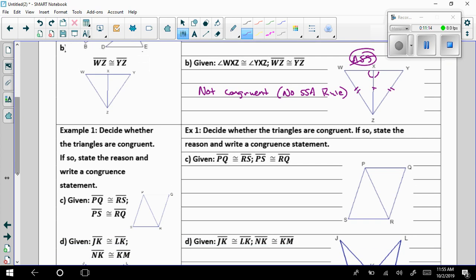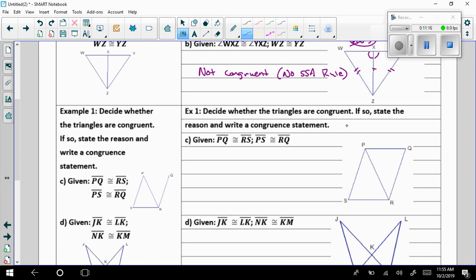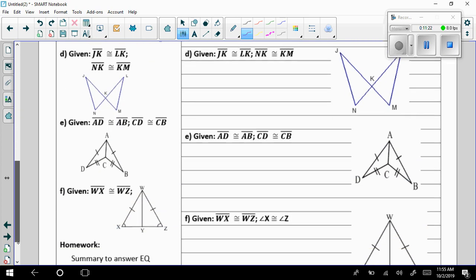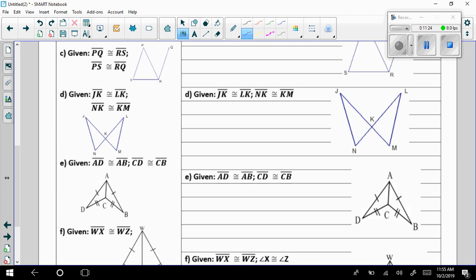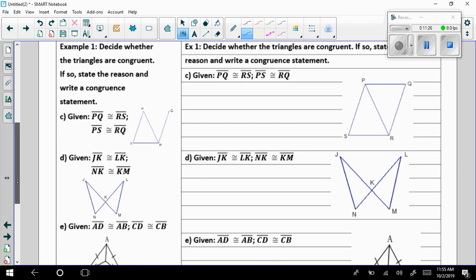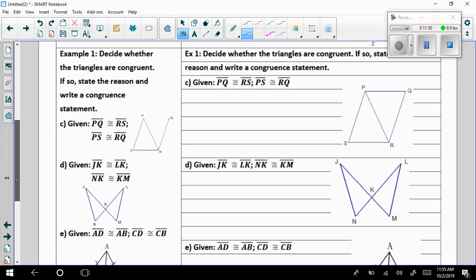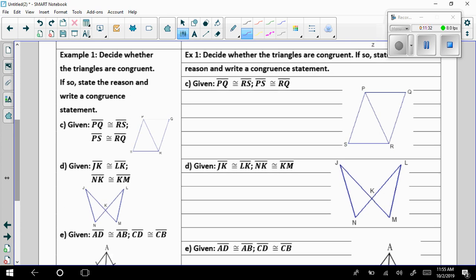All right, so decide whether the triangles are congruent, state the reason, and write the congruent statement. I want you to go ahead and try C on your own. It's real similar to the one I just did. I'll mark the picture for you.